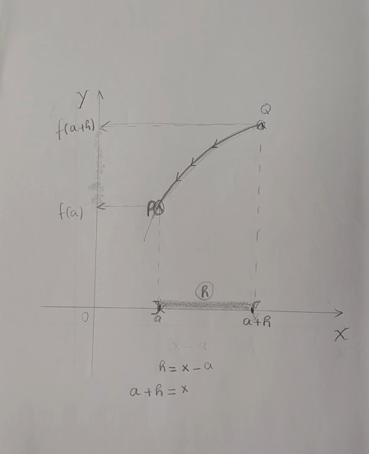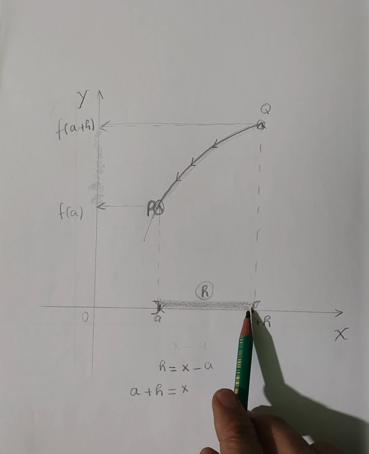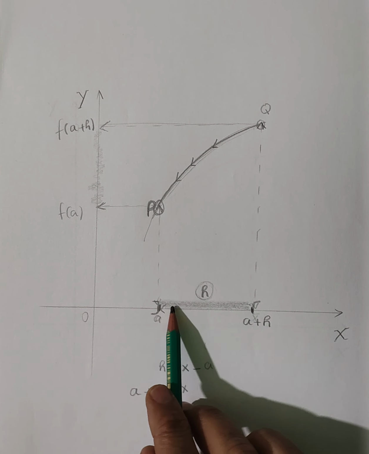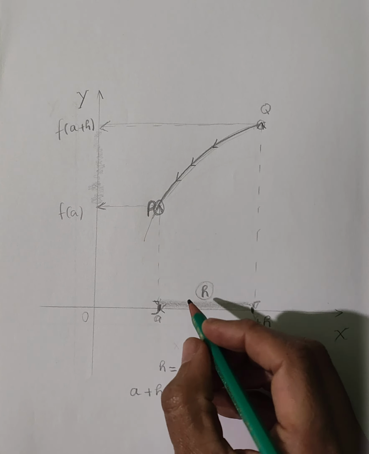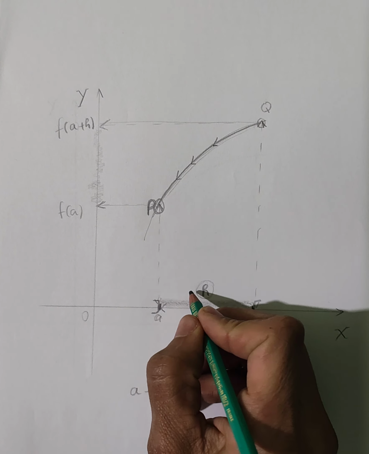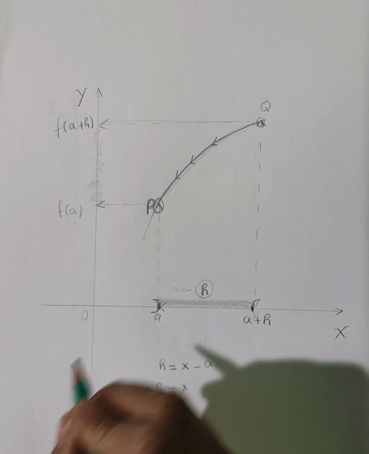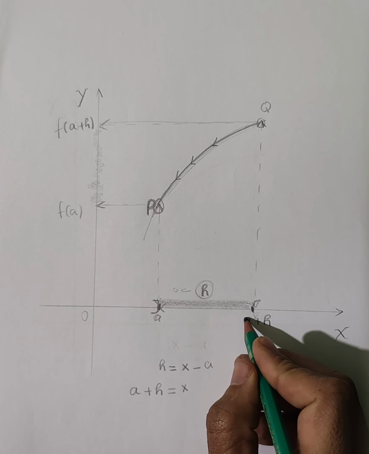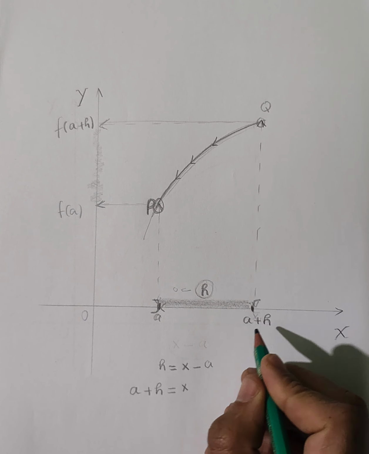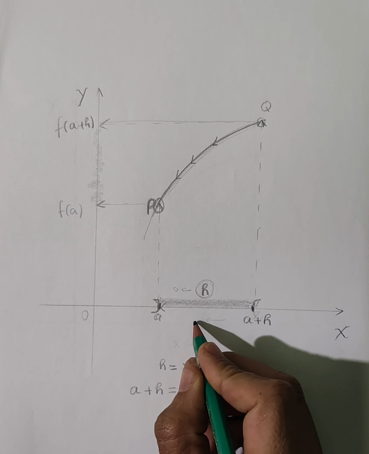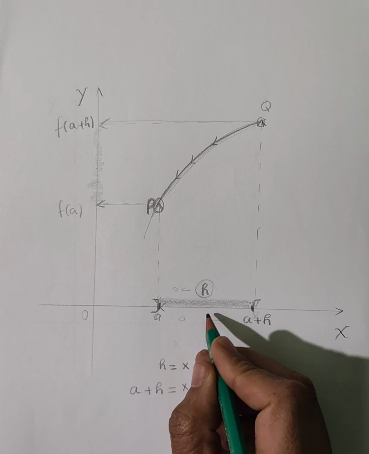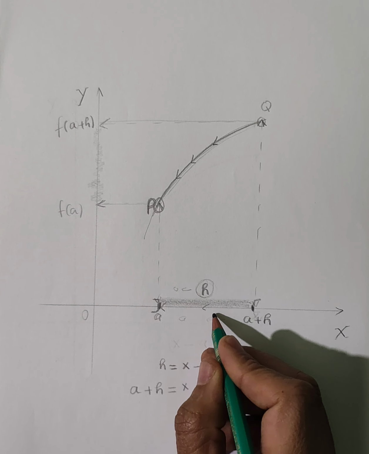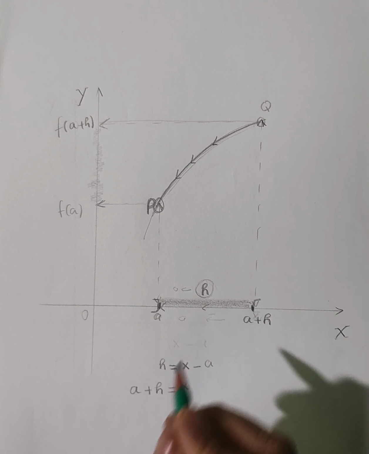And when this shadow tends towards 0, a plus h tends towards a in the sense negative of x.